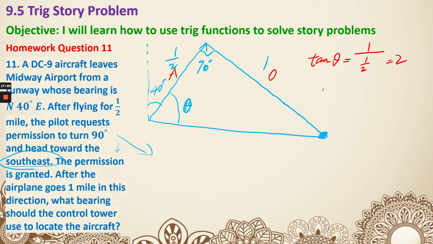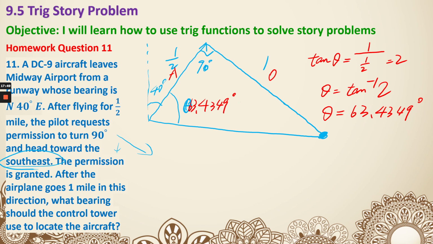So basically, my theta is going to be inverse tangent of 2. And inverse tangent of 2 is actually going to give you 63.4349 degrees. So this angle actually is 63.4349 degrees.